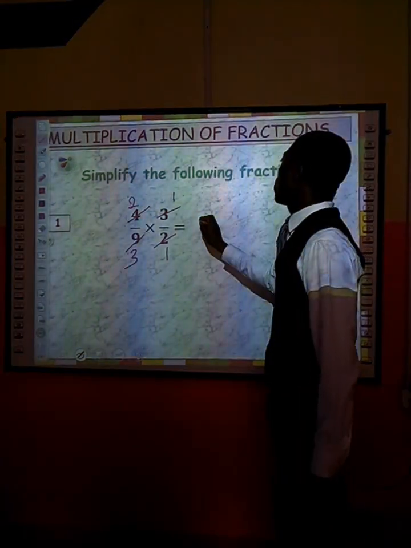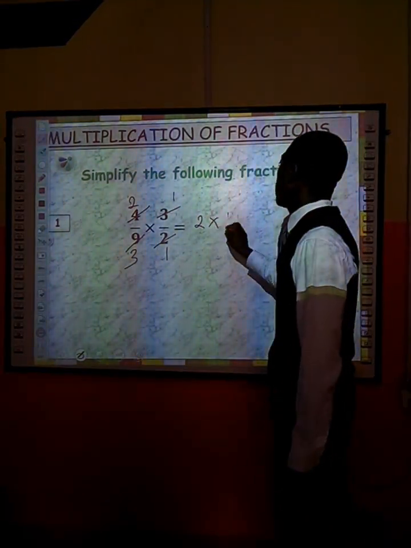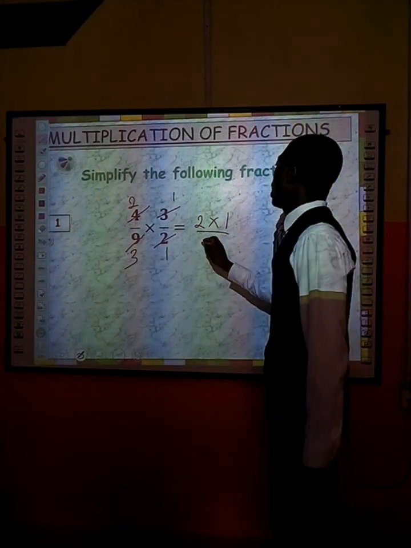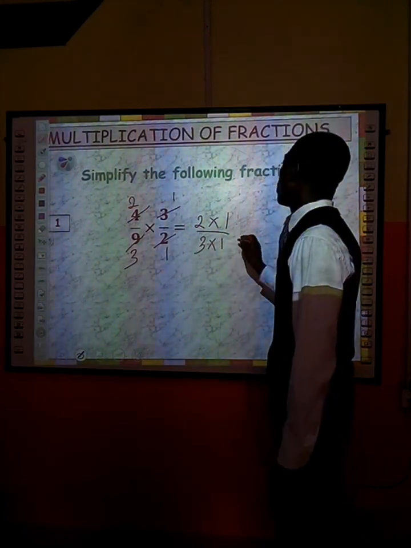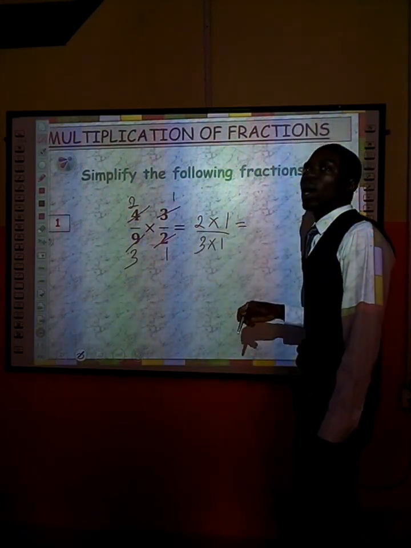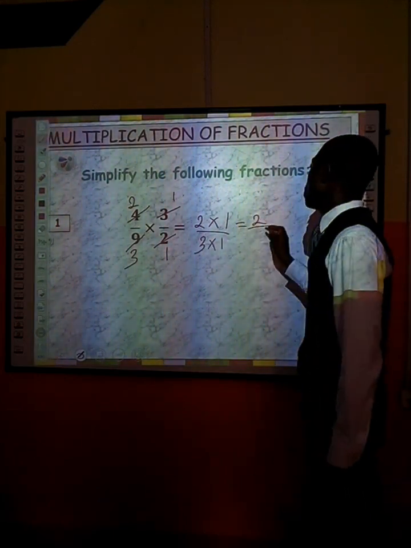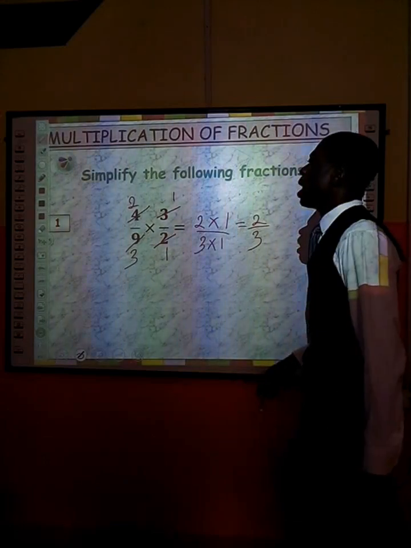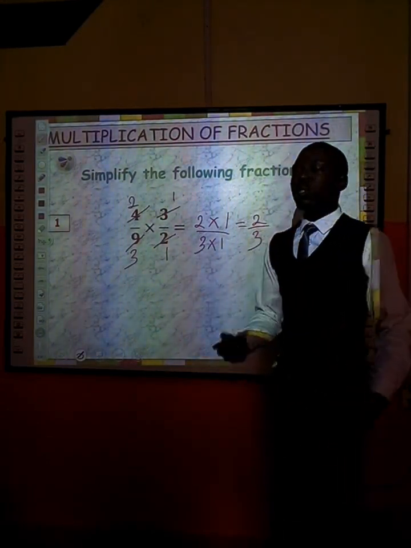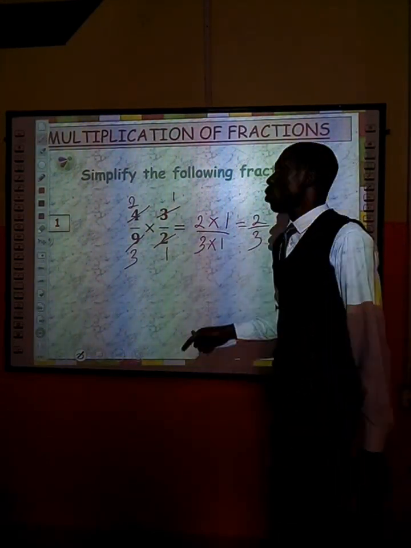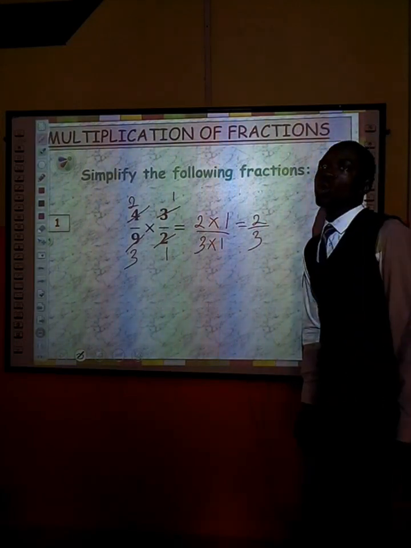So what remains now becomes 2 multiplied by 1 all over 3 multiplied by 1, and then 2 multiplied by 1 is going to give you 2, and then 3 times 1 is going to give you 3. That means that 4/9 multiplied by 3/2, when you are done, is going to give you 2/3.